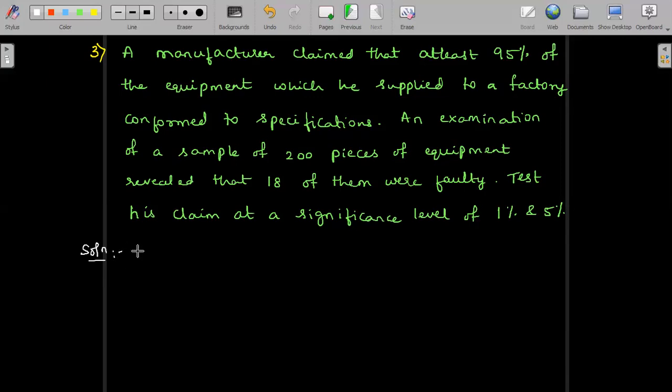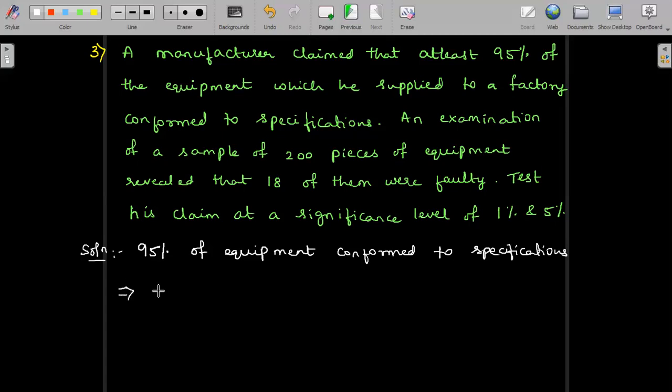So we'll just quote the same thing first. 95% of equipment conformed to specifications. So this implies that 5% do not conform to specifications.